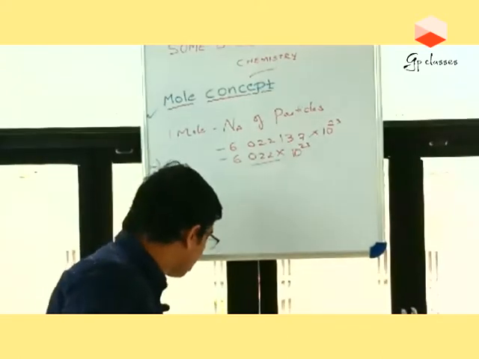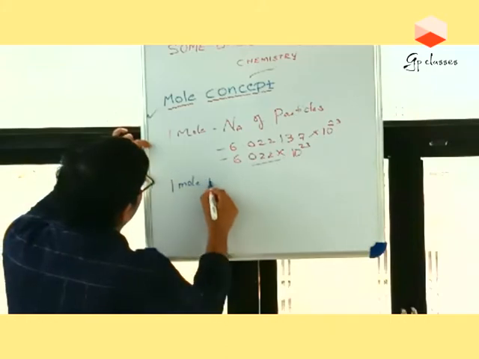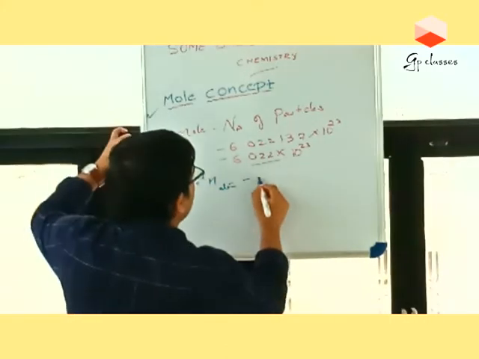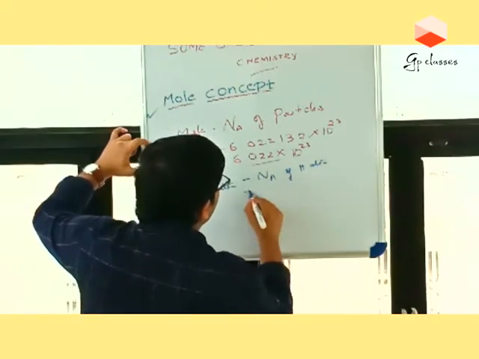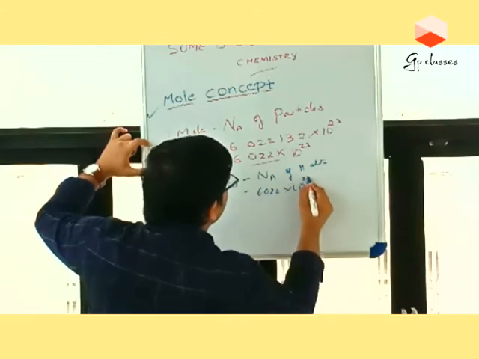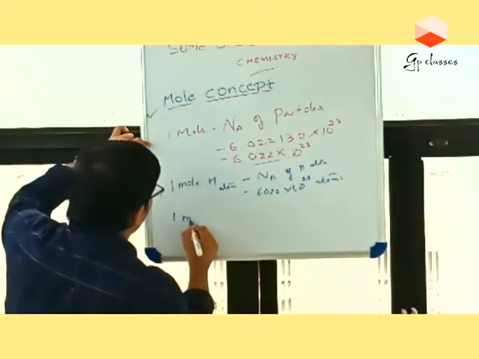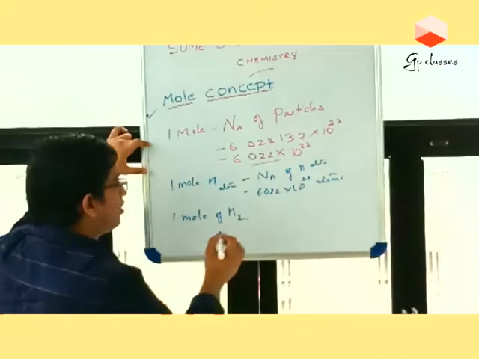Let's look. First I said 1 mole of hydrogen atoms. This is a single hydrogen atom. 1 mole has Avogadro number of hydrogen atoms, which means 6.022 into 10 raised to 23 atoms. What is 1 mole of hydrogen molecules, H2?